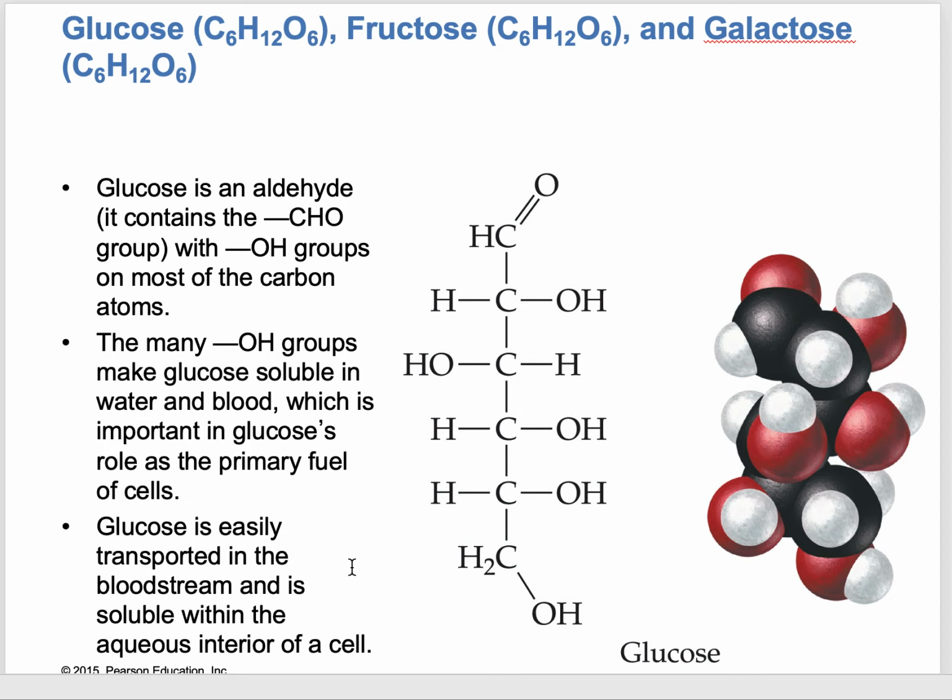It's blood sugar, and it can be transported easily in the bloodstream. We use it, and then the extra we get into storage. That's what insulin is for, to control the level of glucose. It's like a key to open up the door for the storage, if there's too much.